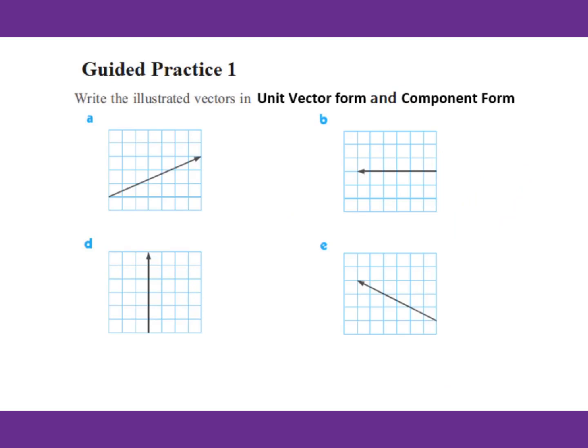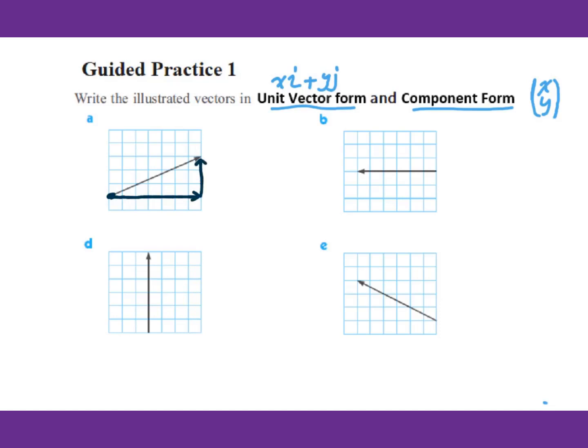Write the illustrated vectors in unit vector form, which means you have i, you have j, and in component form, we normally use a column x, y. Let's go to A. This is your starting point. From the starting point to the right, then go up.